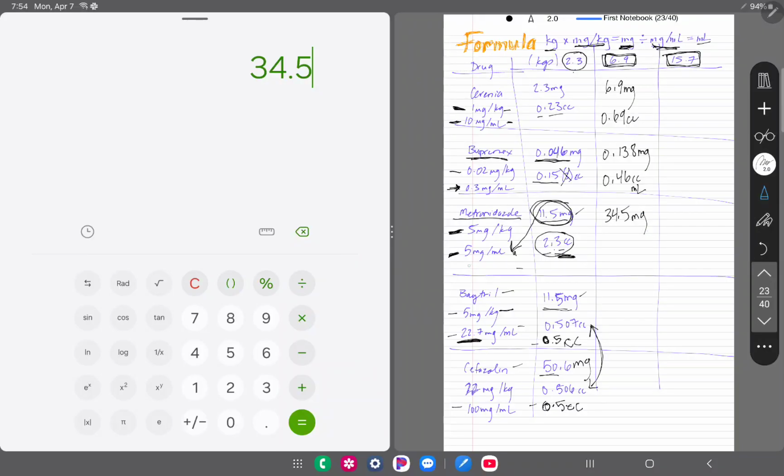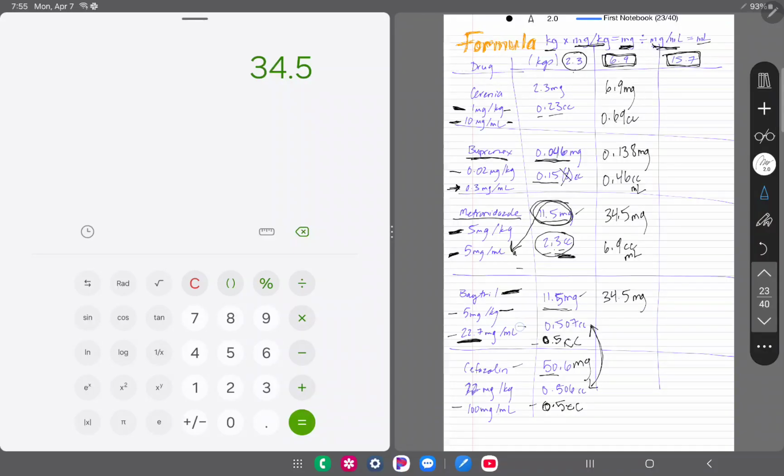You're going to divide that by concentration, which is mg per mil, divided by 5, and that is 6.9 cc's, or mLs. Moving on to Baytril, 6.9 times mg per kg, or your dose, which is 5. You're going to get 34.5 mg.